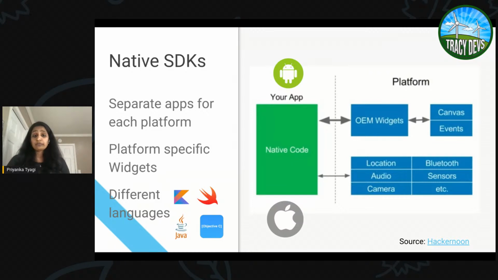You write native code, and this native code interacts with the OEM widgets, the platform-specific widgets, which in turn interact with the Canvas and other platform events and services. This native code also interacts directly with the other hardware APIs of the system.